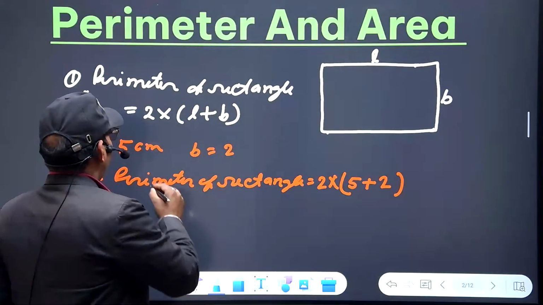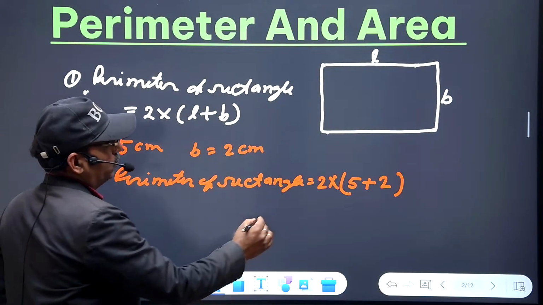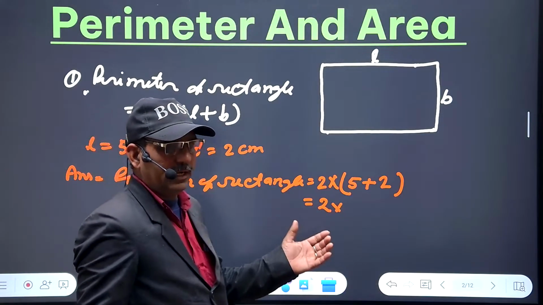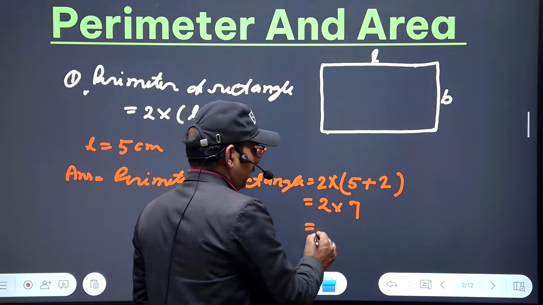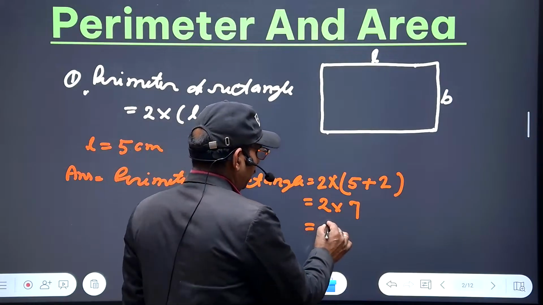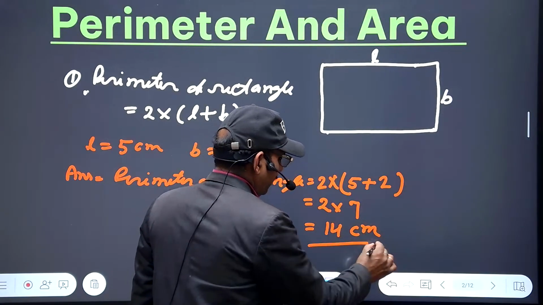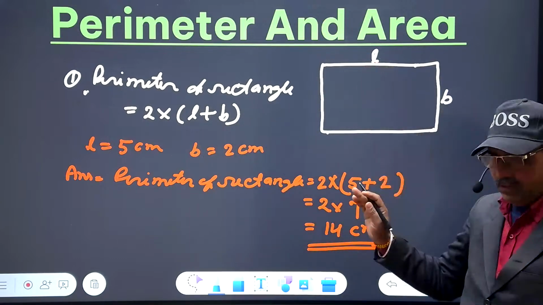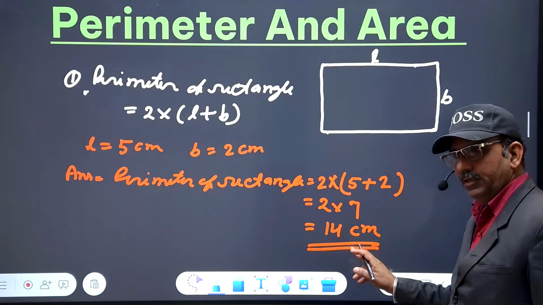Unit is given centimeter. Here 2 into (5 plus 2), so 5 plus 2 is 7. Then 7 times 2 is 14. So right here 14 and unit will be centimeter. If length is given in meter and breadth is given in meter, then unit will be meter.